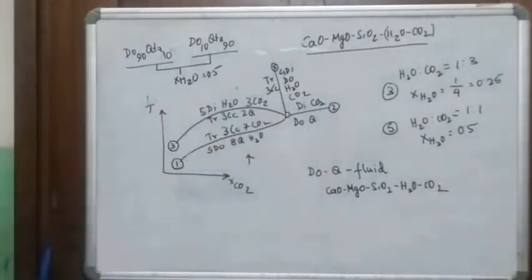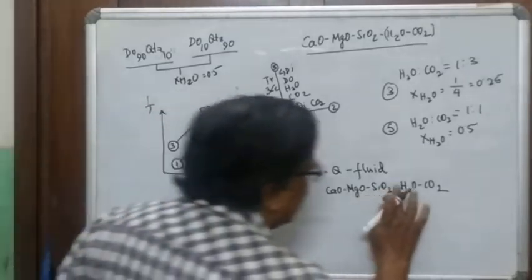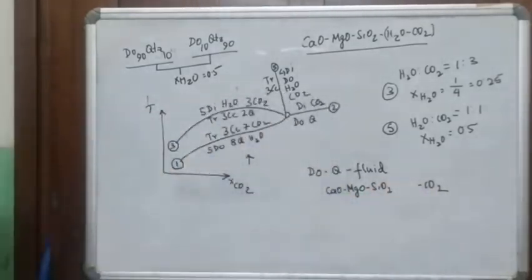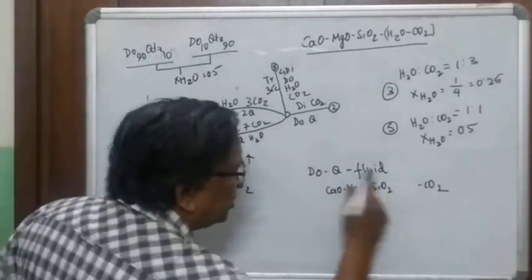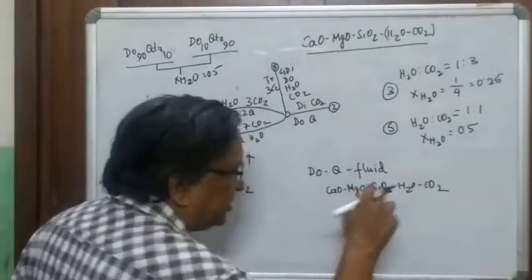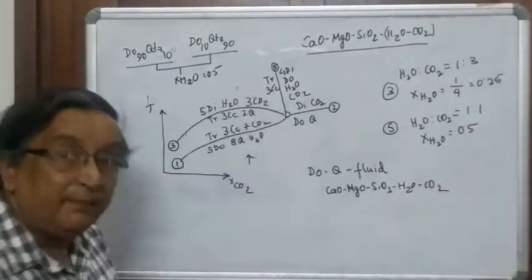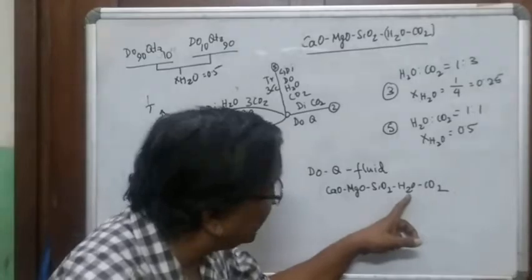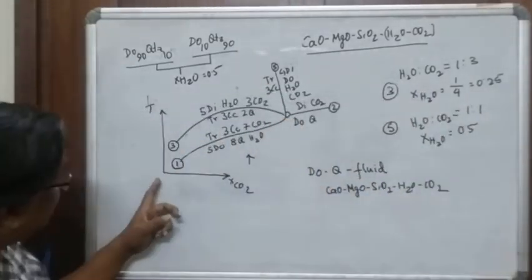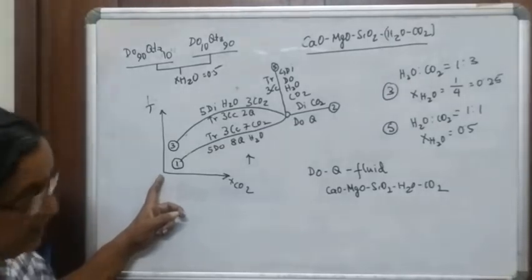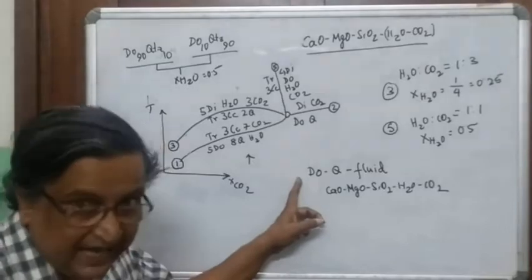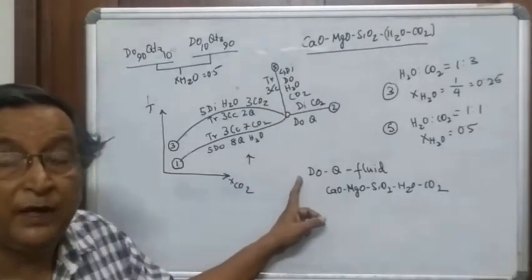Or here, for example, you don't have H2O because H2O is not here. You can have H2O also because the fluid by definition contains XH2O and XCO2. But remember, you can have the same fluid where XH2O is 0. That means XH2O 0 means you're on this line, at this end of the spectrum where XCO2 should be equal to 1.0.